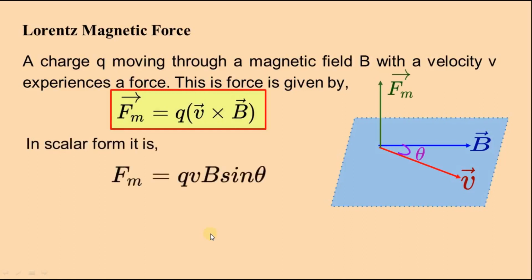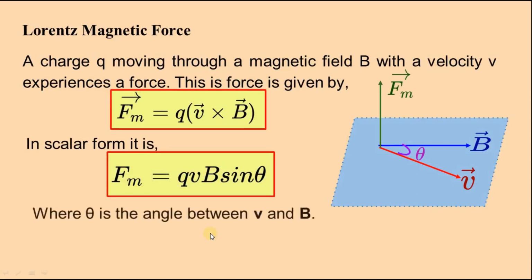The scalar expression for the force is F equal to Q V B sin theta, where theta is the angle between velocity and magnetic field. The direction of the force is perpendicular to both velocity and magnetic field.